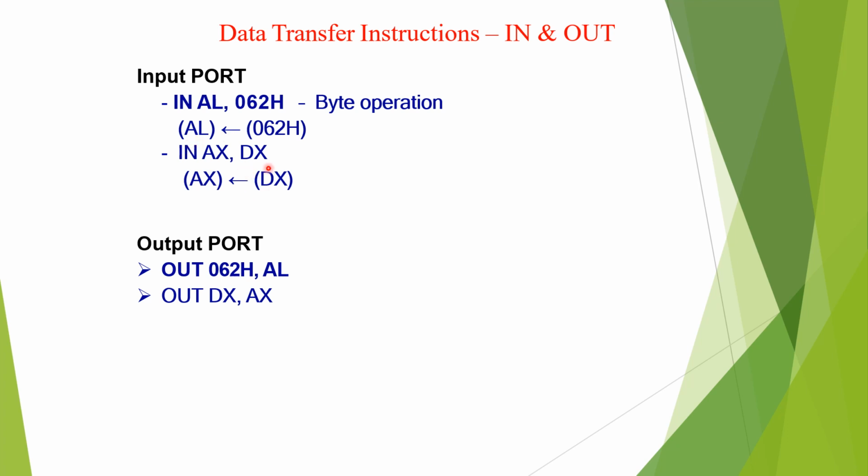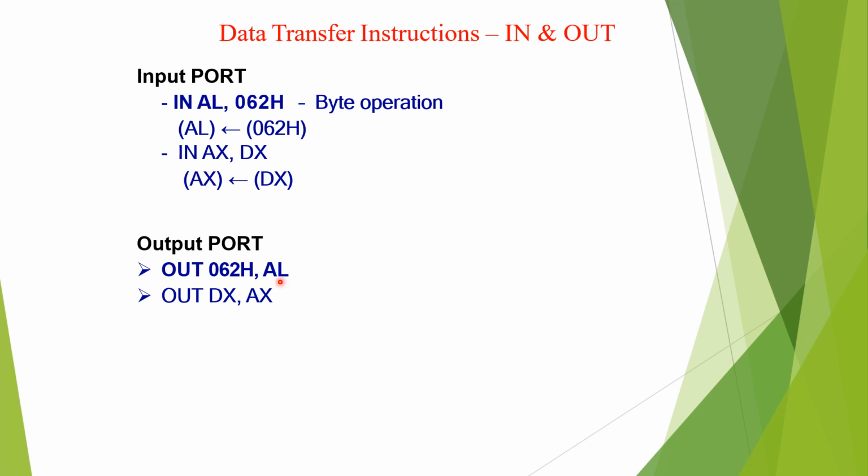Similarly, DX register points to some port address, and the data present there is copied to the AX. Here we are reading data from the port, and out means we are giving data to the port. So out 062H, AL.